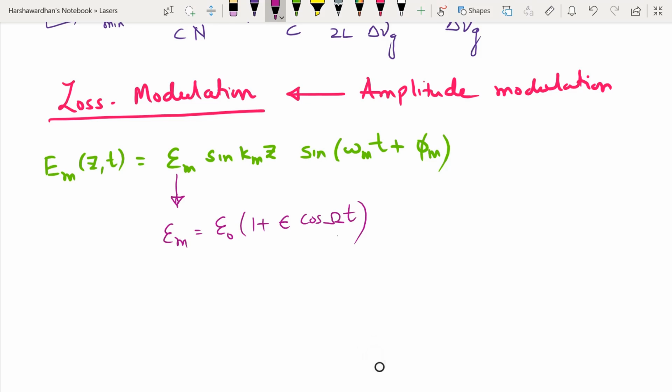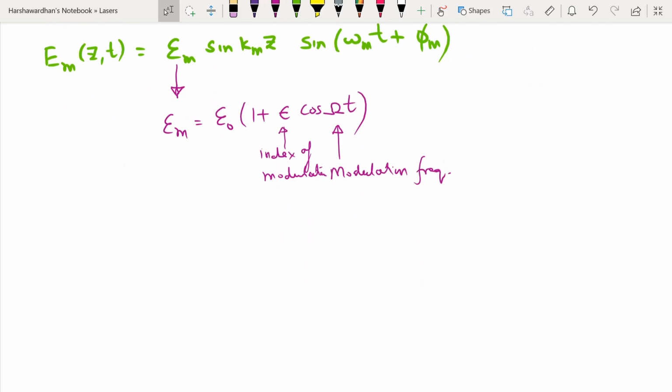So here capital omega is the modulation frequency of the amplitude modulation. Epsilon here is the index of modulation. If epsilon is greater than 1, one would say over modulation, but typically one chooses a value which is smaller or equal to 1.